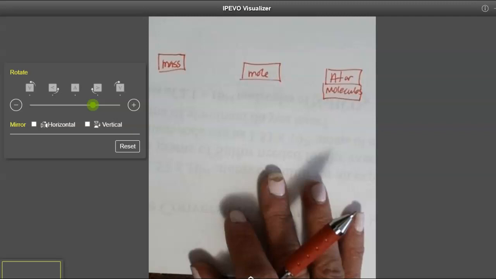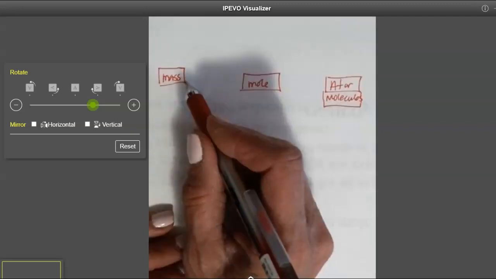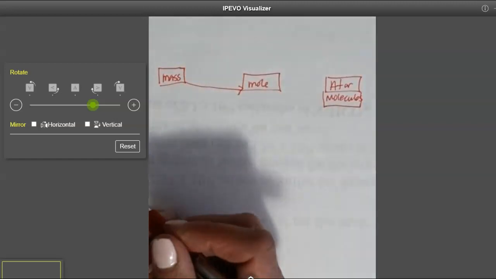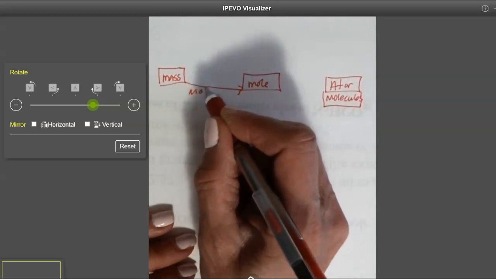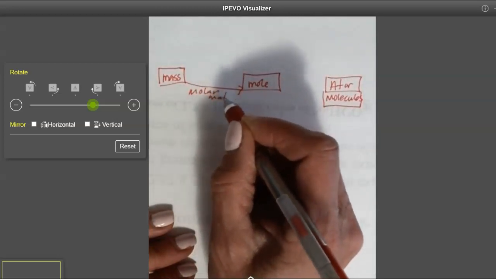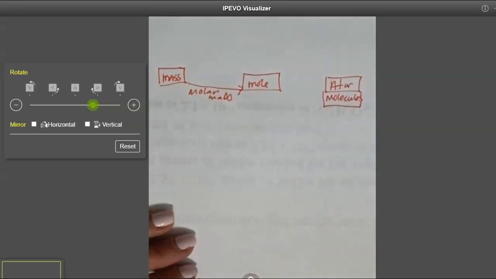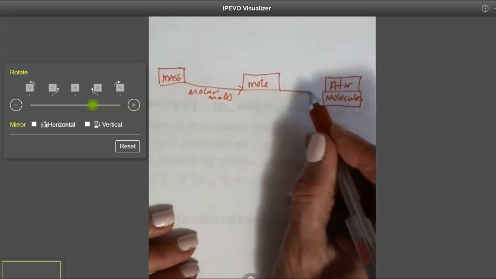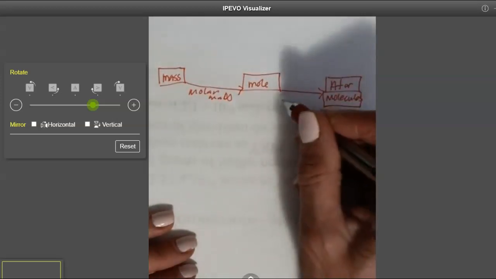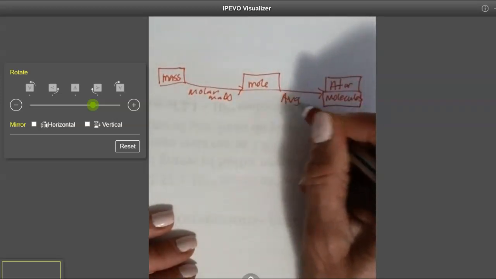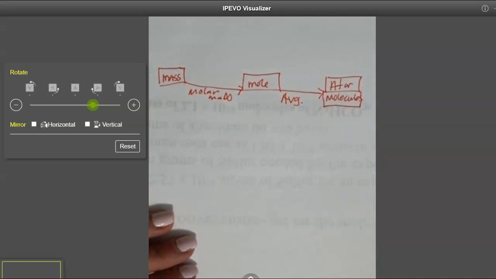If I am going from mass to mole city, the highway I'm going to jump on is called the molar mass highway. If I'm going to go from mole city to atoms or molecules, I'm going to have to hop on Avogadro's highway. And if you guys remember, Avogadro's number is equal to 6.022 times 10 to the 23rd.